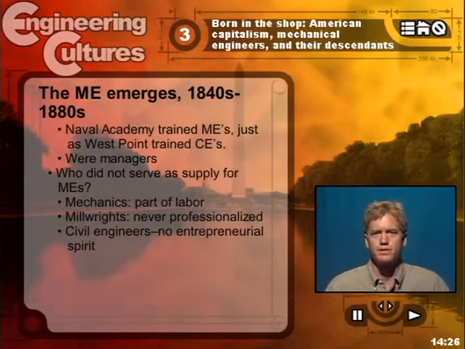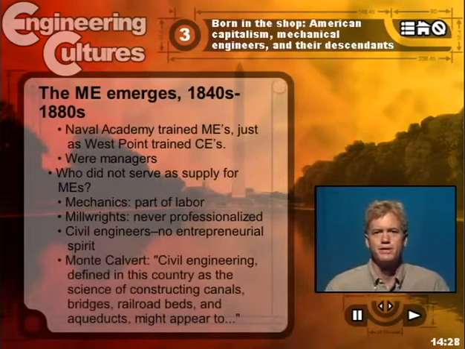As Calvert puts it, quote, "Civil engineering, defined in this country as the science of constructing canals, bridges, railroad beds, and aqueducts, might appear to have been a logical source for future mechanical engineers. Called into being as a profession by the canal and railroad building activities after 1815, civil engineers faced mechanical engineering problems in the building and maintaining of canals and railroads. They were called upon to do many types of theoretical and practical work which later were done by mechanical engineers.